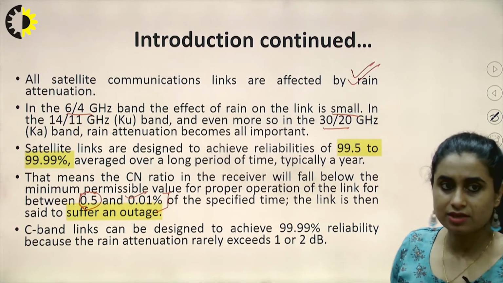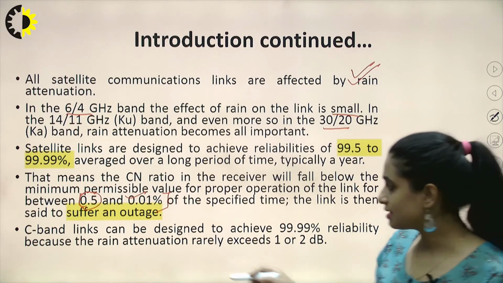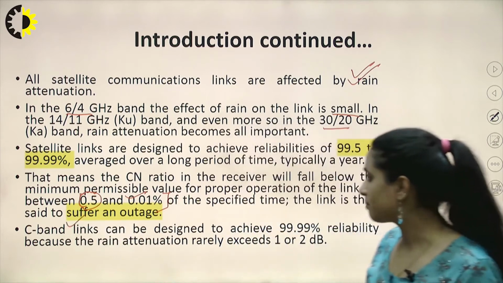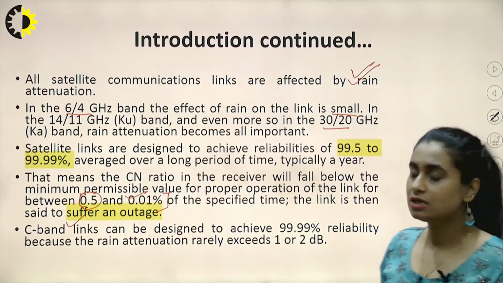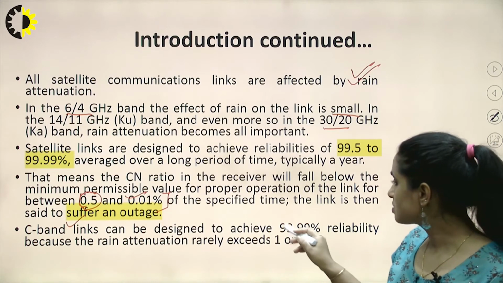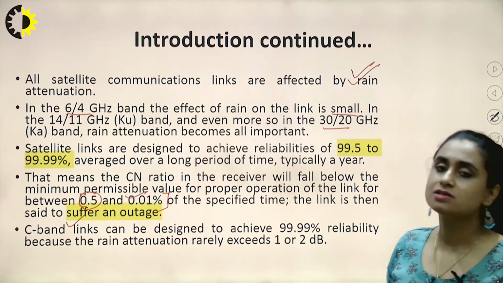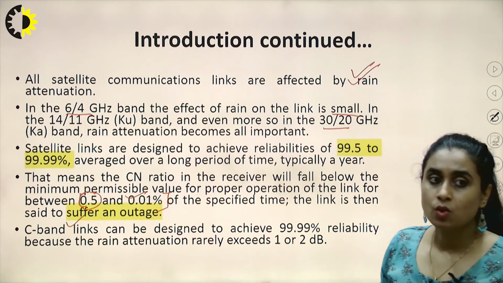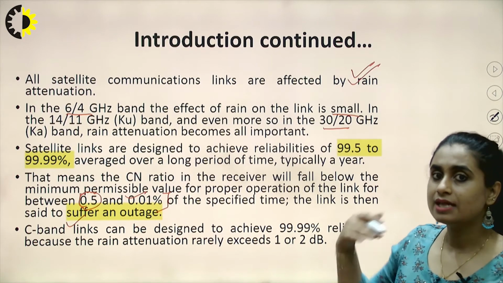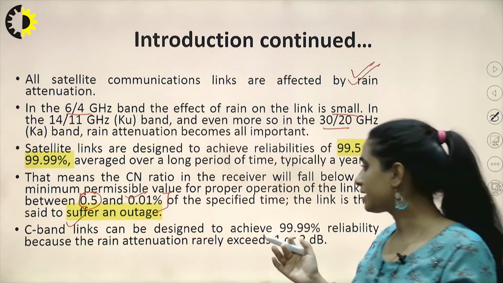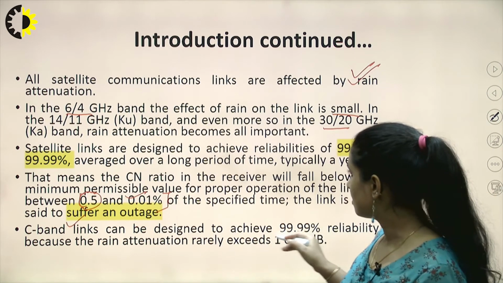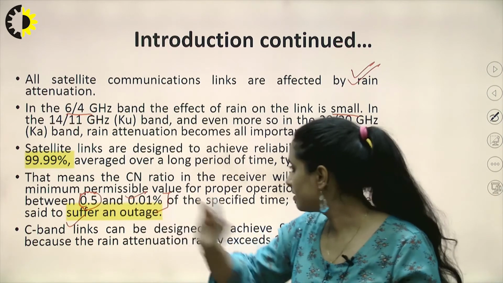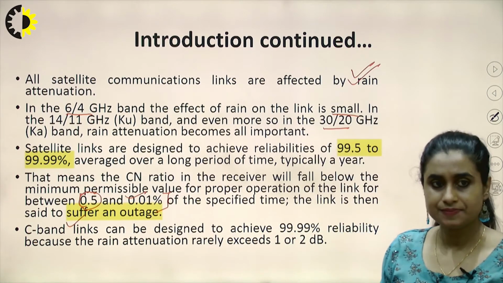We can see that C band works appropriately as it works with lower frequencies. So C band works with 99.99% availability, whereas when we go to higher bands, the availability somehow drops to 99.5%, right?